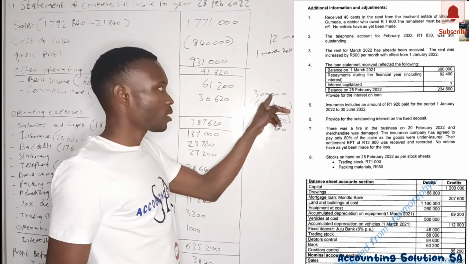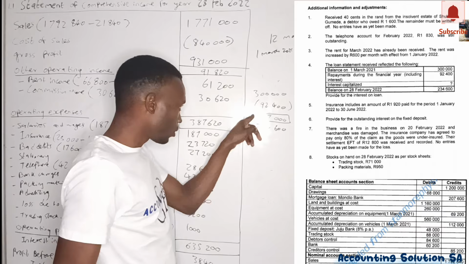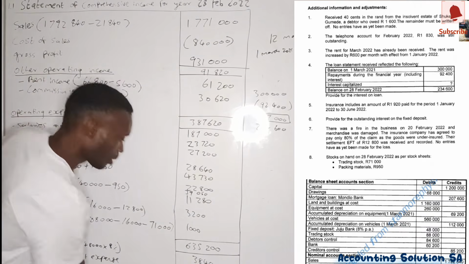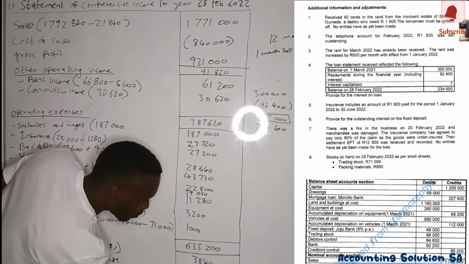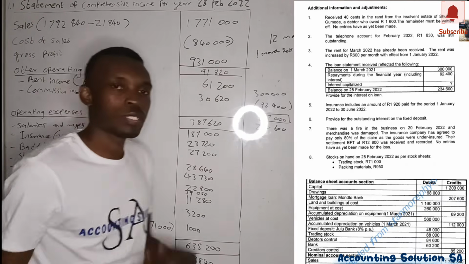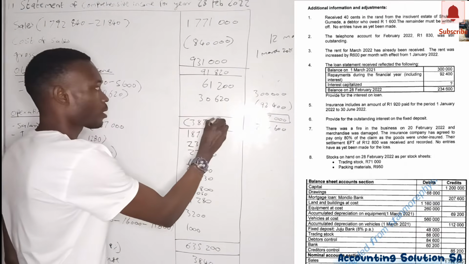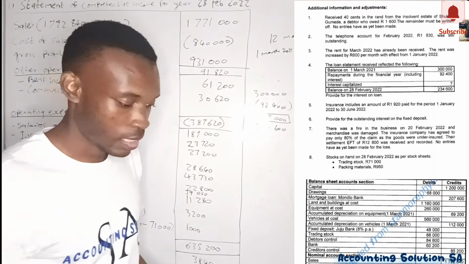You just say 300 minus 92 and minus 234, it's going to give you 27,000. Make sure that you write it in brackets because it's an expense. Make sure that all expenses you write with brackets.